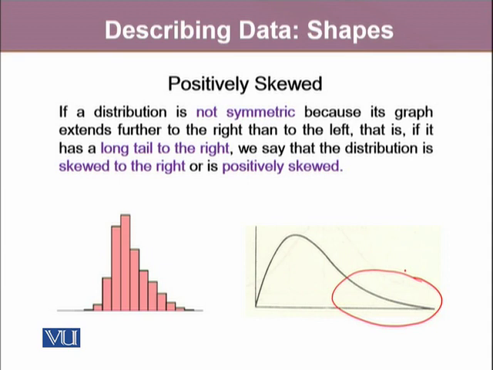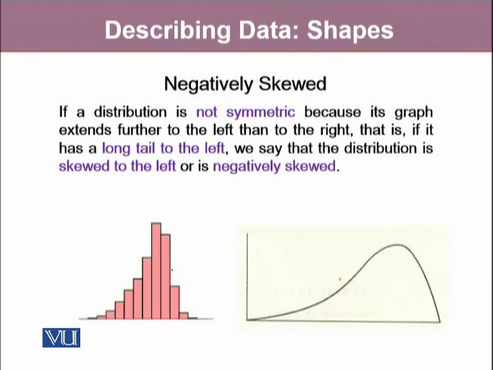If we superimpose a frequency curve on this histogram, we can observe a similar picture developing, and over here it also shows that there is a tail towards the right. Whether we observe it from the histogram or from the curve, there is a tail to the right side. Therefore, this type of distribution is called a positively skewed distribution.